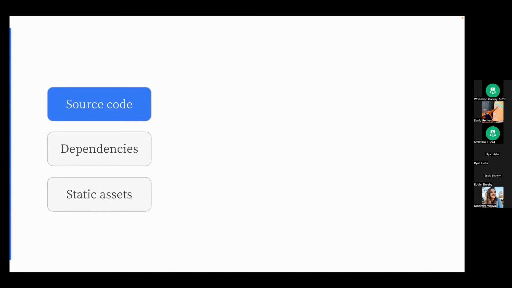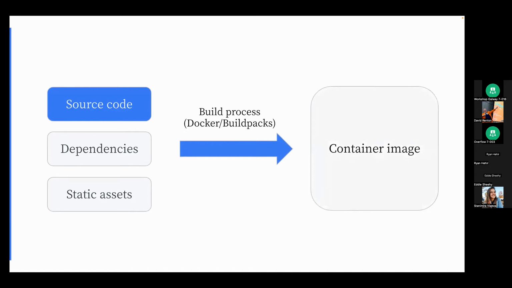So we have our application that we want to host on Cloud Run. We have our source code, certain dependencies, certain static assets. This is everything that our application needs to run, and this is how it runs on our own server. To make sure it runs everywhere, we will build it and package it as a container image.